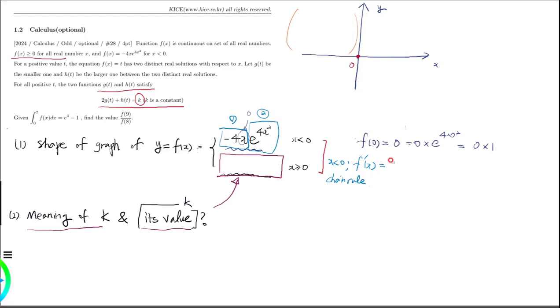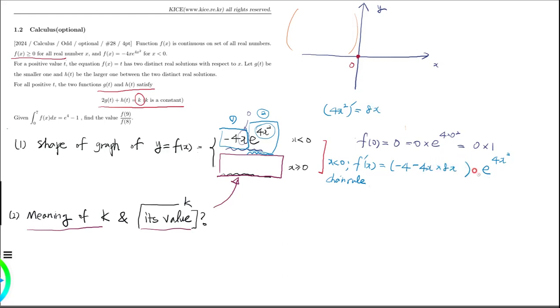The first one will give you negative 4 times e to the 4 times x squared, and when you take the derivative of the second function, it will give you the derivative of the power 4x squared, which is 8 times x.